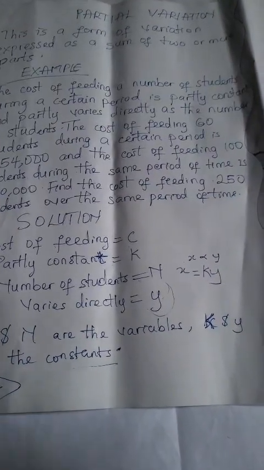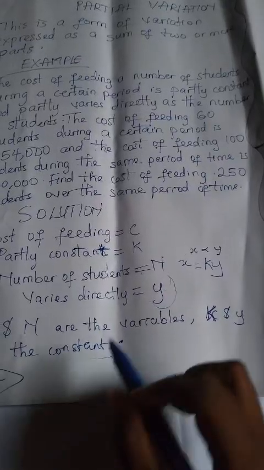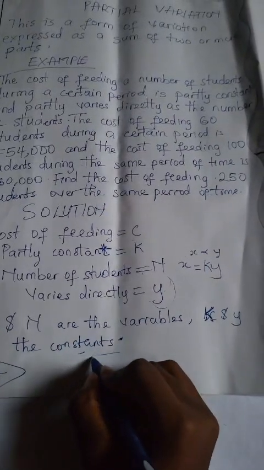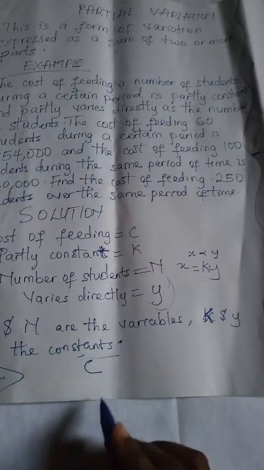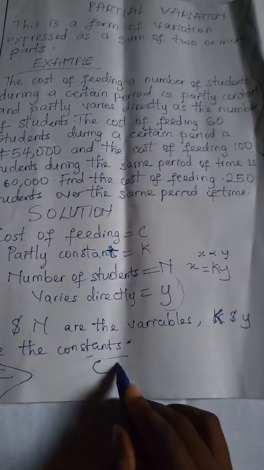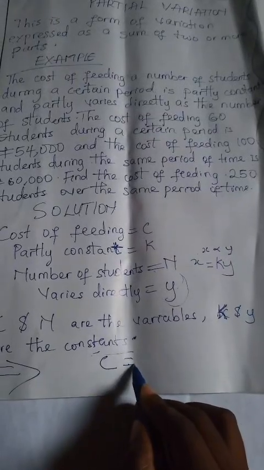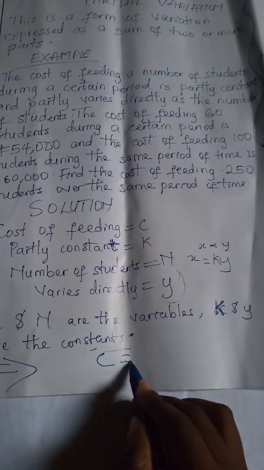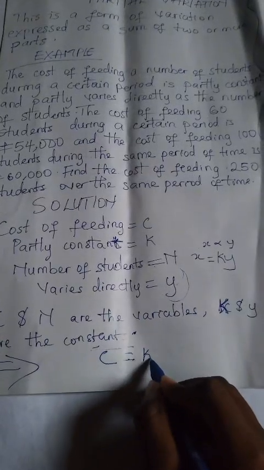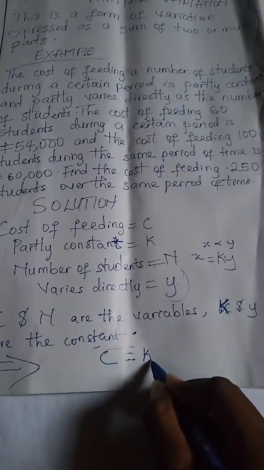Okay, before I do that, let's generate the formula for this question. They said the cost of feeding a number of students, C, during a certain period is, introduce your equals sign directly, partly constant. What's that partly constant? K. And partly varies directly.